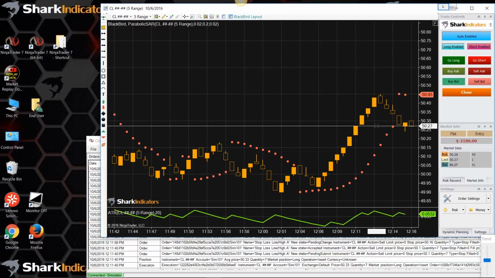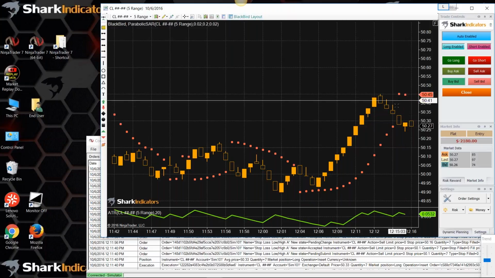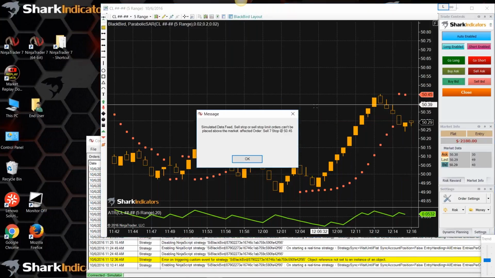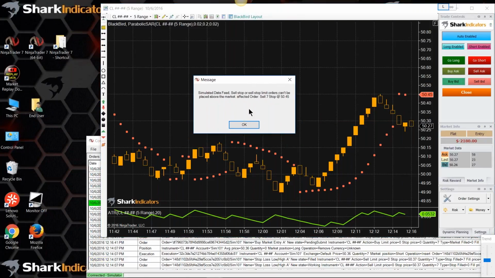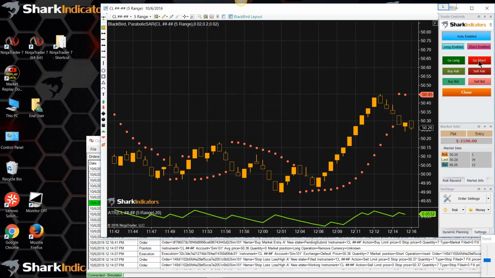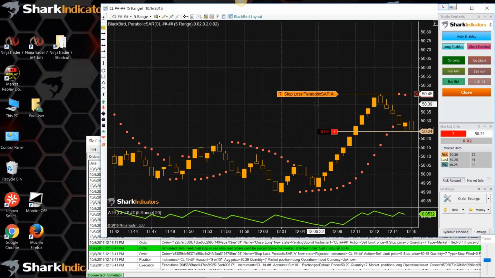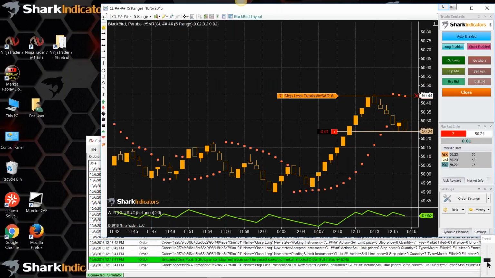And of course, we have to keep in mind what side of the market our parabolic SAR is at. Parabolic SAR is in a short state. So if I tried to go long, I'm just going to get an error telling me that my stop loss is invalid. So let's go short. We can go short. And if I pull price down, we'll watch the stop loss start ratcheting down here.